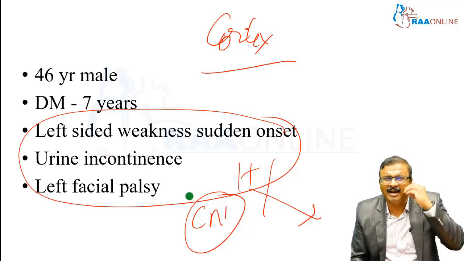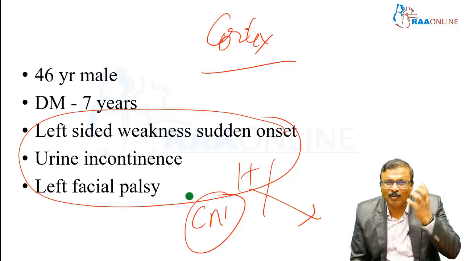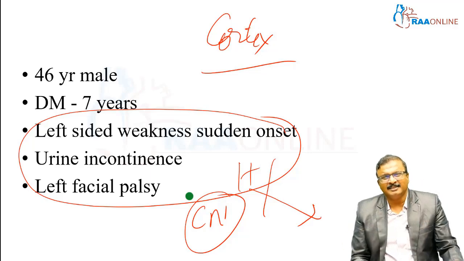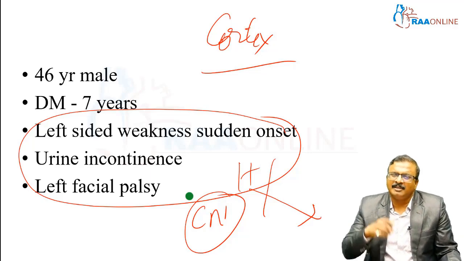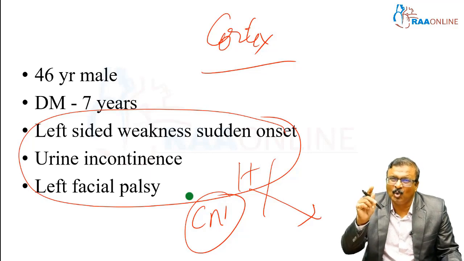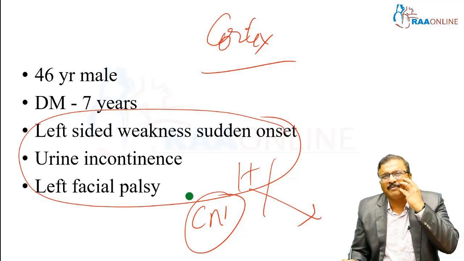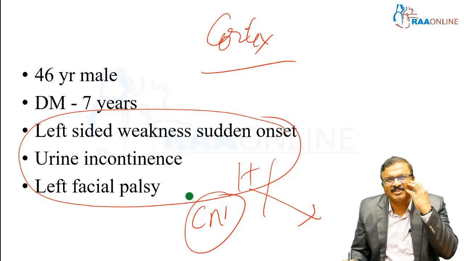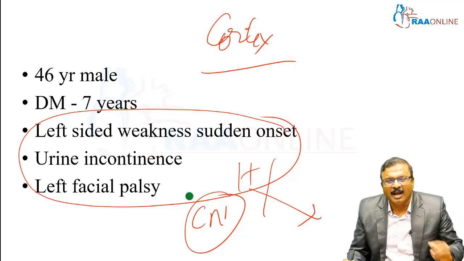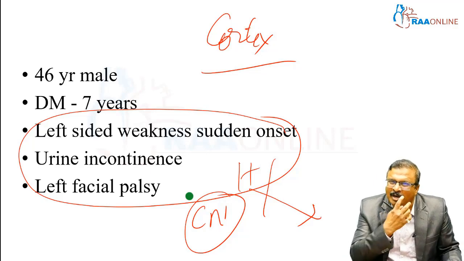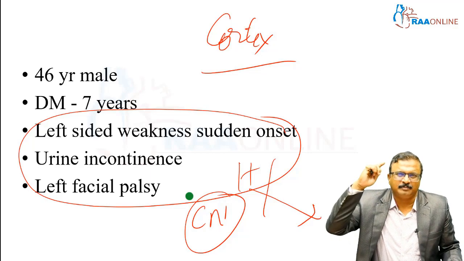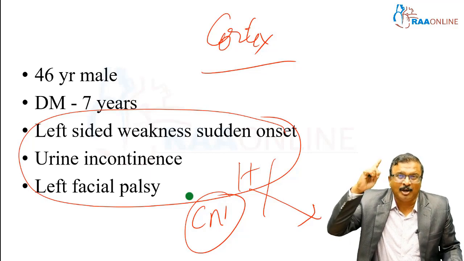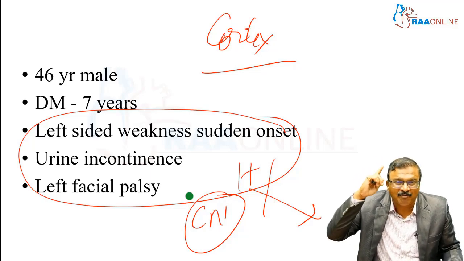Now, this patient has left-sided weakness and left facial palsy. I told you when a cranial nerve is affected, it is one cranial nerve with opposite side hemiplegia. There is an exception: the lower half of the face, supplied by the facial nerve, has unilateral representation only from the opposite side. That is upper motor neuron facial palsy.